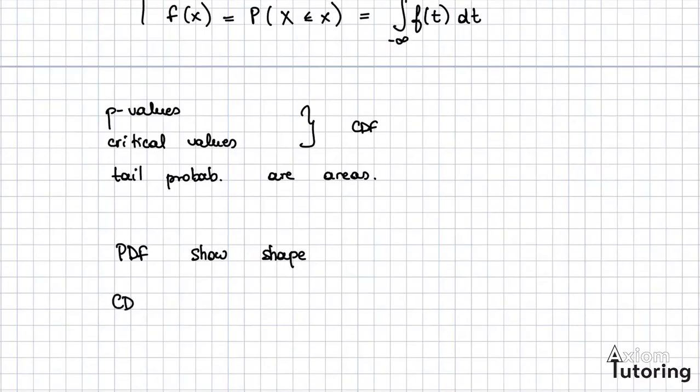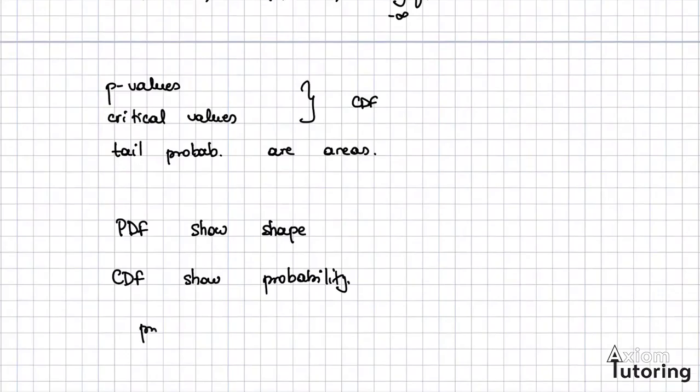But what gives me the probabilities and then my answers to all of my inference questions, what is the probability of observing something this extreme and so on, CDF shows probability. And probability always lives in area. Okay.